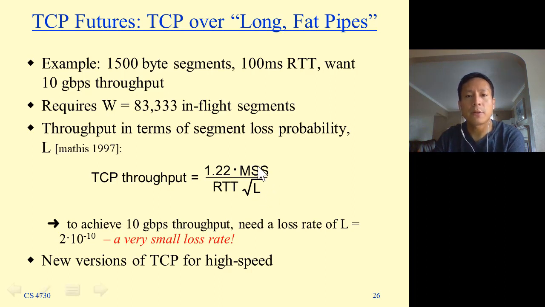So you can see approximately from this equation, for example, if you want to achieve 10 gigabits per second throughput on the left hand side, you need to maintain a very low loss rate. It has to be less than 2 times 10 to the minus 10. So it's a very small loss rate, right?